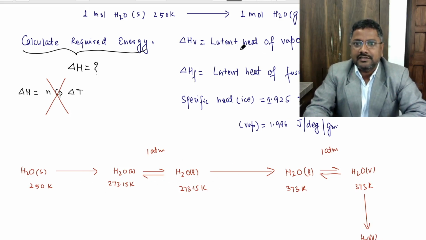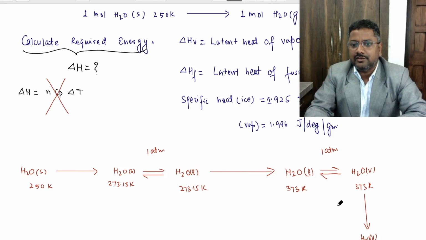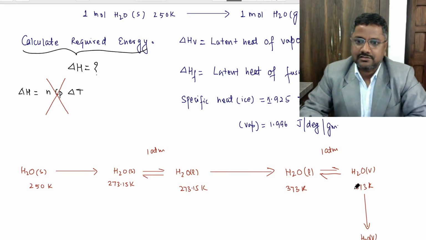I think it is given. See here, latent heat of vaporization, here delta H is given directly, right? And here delta H is given from here. So you have to calculate here, here, and here. It might be necessary to convert the units basically. Then you have to add all of them, because this is an extensive property, you can add or subtract, so you have to add all these, then your answer will be correct.